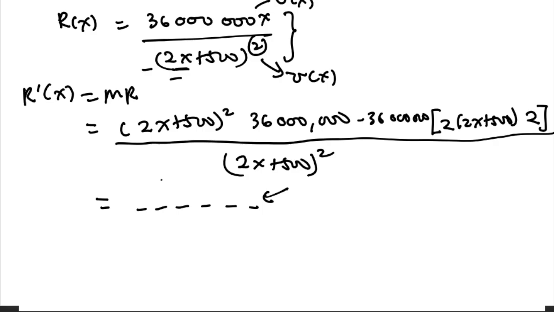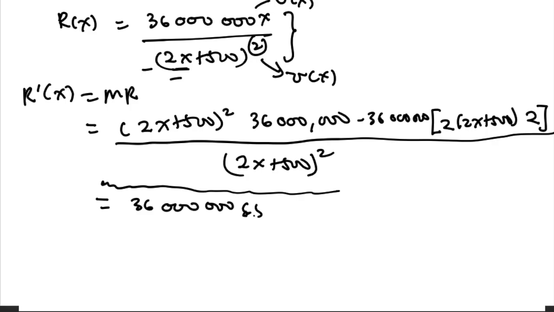Show all the steps. And then finally, after certain steps, you're going to get this. There are some steps here that you have to write, yeah? But I just jump into the final answer. The final answer is 36 million in bracket 500 minus 2x over what?